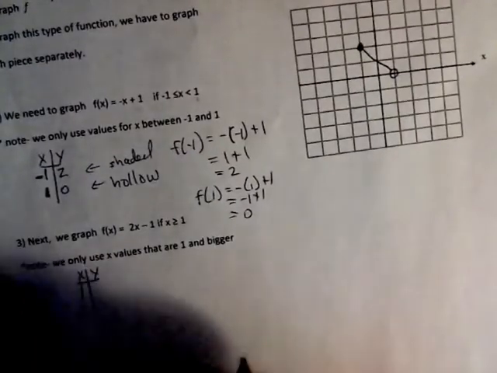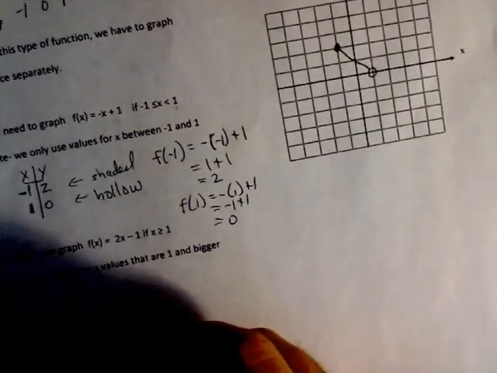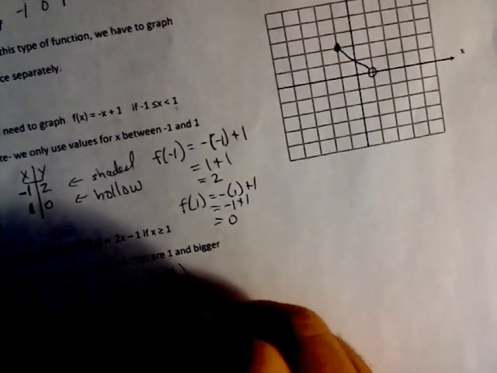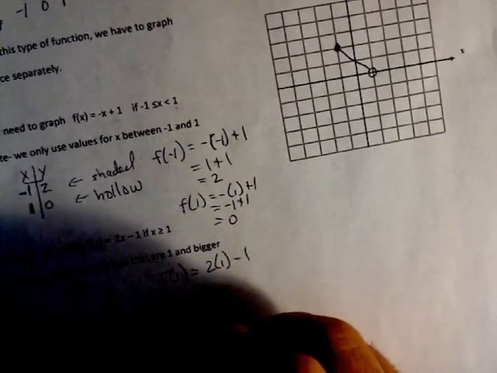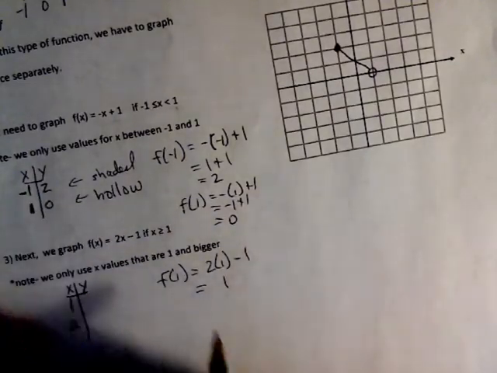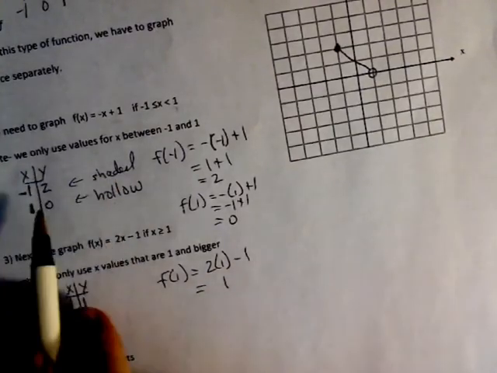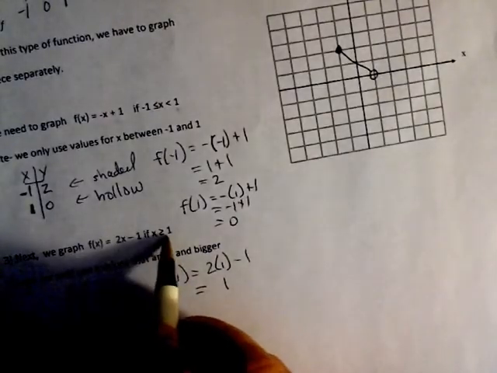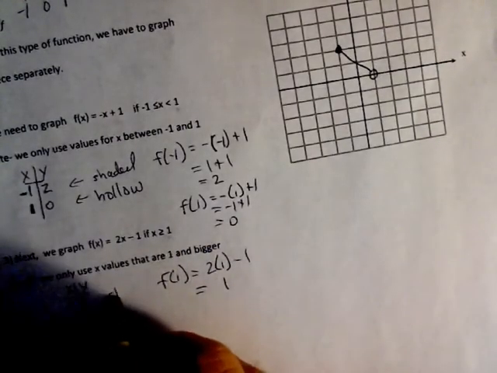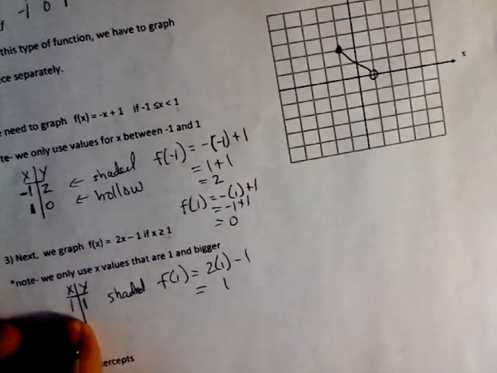So I'm choosing 1 and 2 because I only need 2 points to draw a line. So f of 1 is 2 times 1 minus 1, which is 1. And from what we did earlier, we left the 1, 0 hollow here, but for this one it will be shaded because it is greater than or equal to 1.